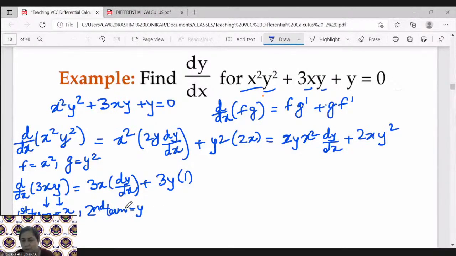So you can say term or function. So what will I get over here? This is 3x dy by dx plus 3y. Okay.